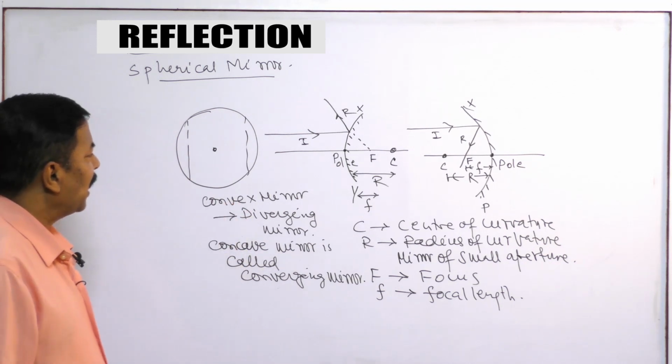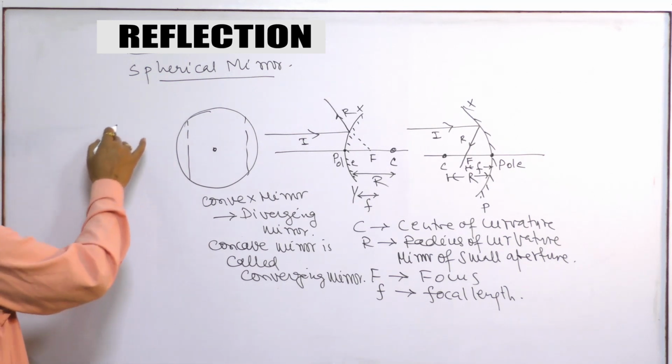So in mirror, why is the convex mirror called diverging?